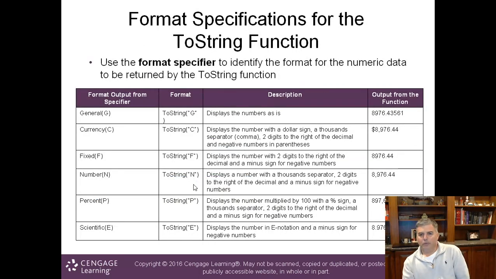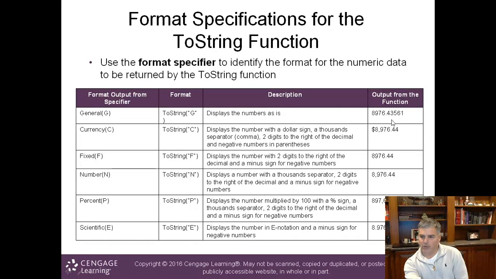We can also do some format specifications, and this is just a nice GUI thing to do. For instance, if you're outputting a currency value, you're going to want to put the $ and 2 decimal points in there. If we put a C within the parentheses of that ToString, it's going to automatically convert that string into this format.